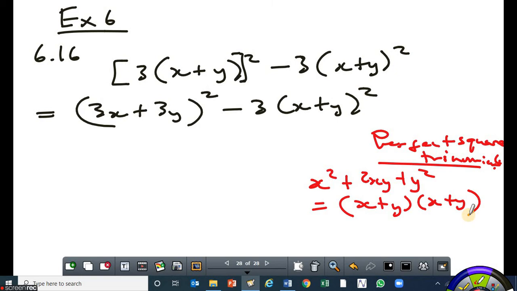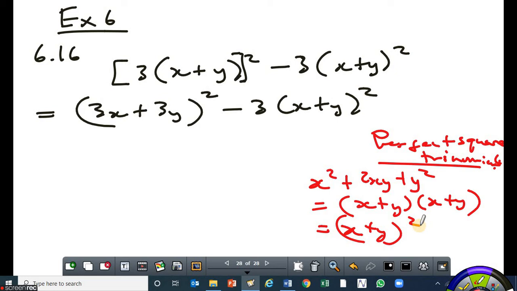Now, do you see that those 2 binomial factors are equal? Do you see that? Now, we can write this as x plus y all squared. Okay? We can write that as x plus y what? All squared. Right?